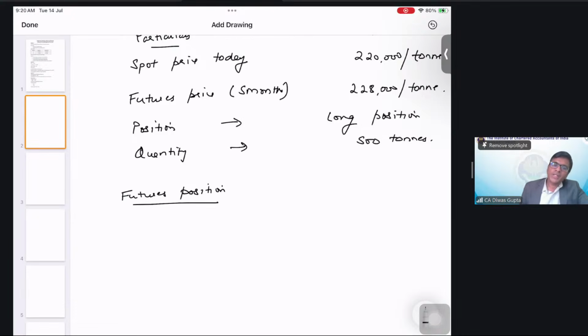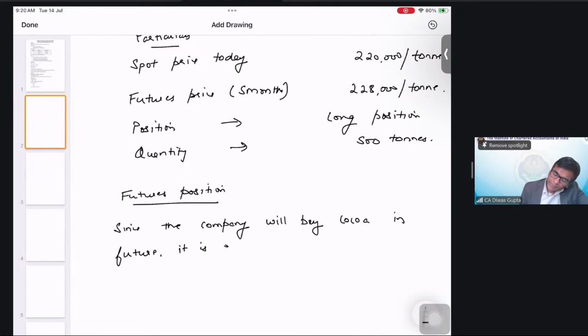Futures position, students: since the company will buy cocoa in future, it is exposed to price increase risk, correct?